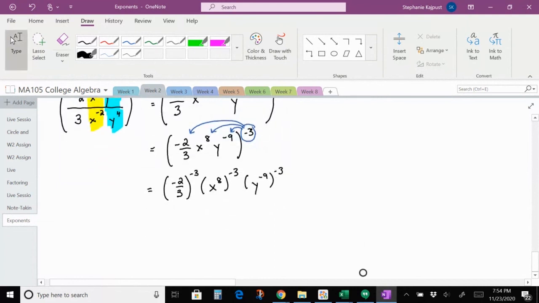So we deal with the number part differently than the variable part. So the number part, the -2/3 to the negative exponent, we want to make a positive exponent, and you take the reciprocal. So if you have a fraction, you're just taking the reciprocal of the fraction. It still stays negative, so now it's going to be -3/2, and then we get the exponent of 3.